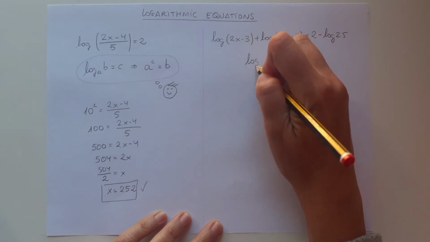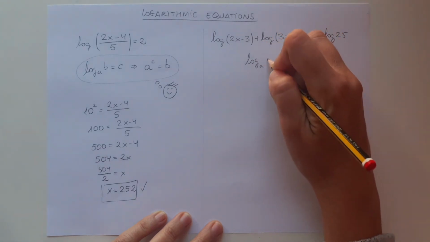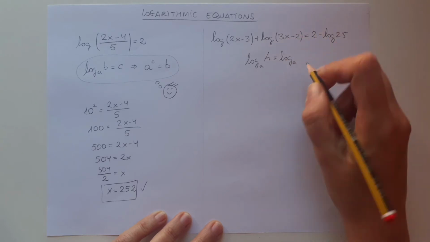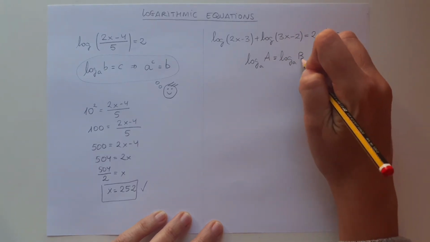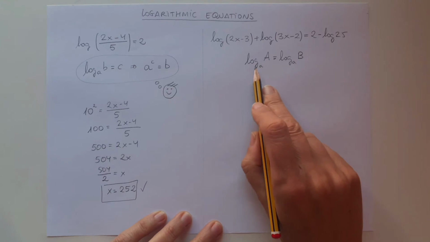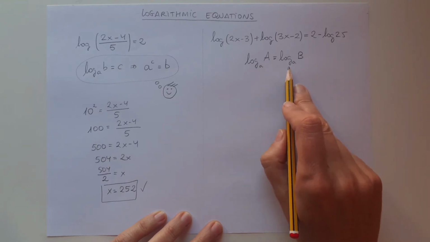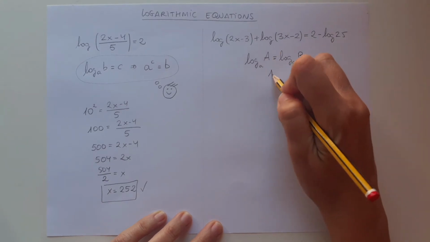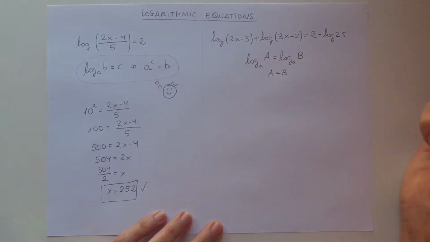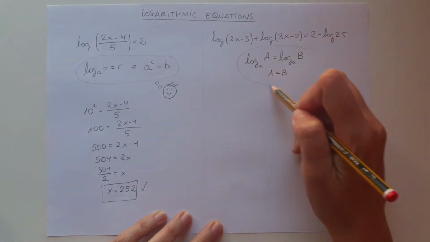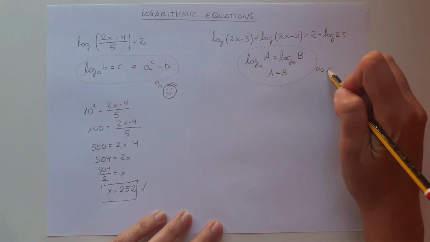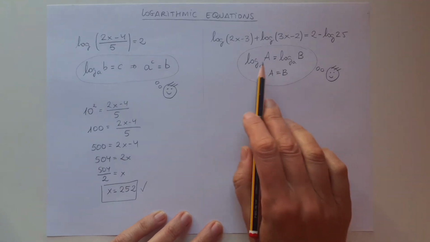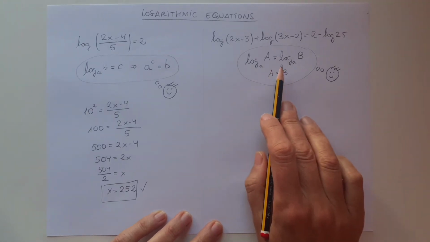That is, if we have a logarithm base a of A, and a logarithm of the same base of B, and this logarithm equals this logarithm, since the logarithm and the base are the same, A must equal B. If not, it is not possible. So you have to keep this in your mind on this occasion. All right? So let's apply this idea here.